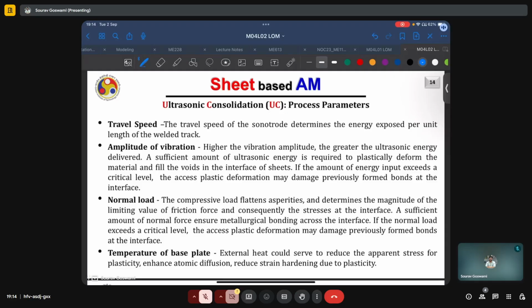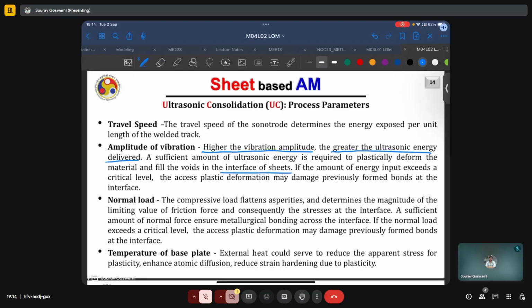The amplitude of vibration is important because it directly correlates with some other characteristics. Higher the vibration amplitude, the greater the ultrasonic energy which is transmitted to the material. A sufficient amount of ultrasonic energy is required to plastically deform the material and fill the voids at the interface of the sheets.